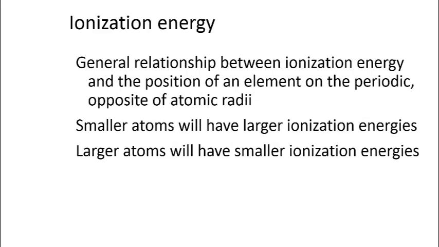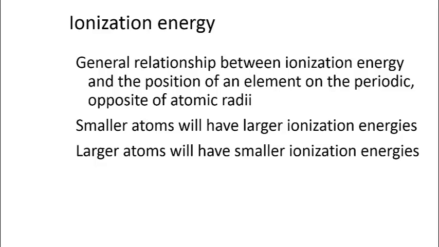So the general relationship between ionization energy and the position of an element on the periodic table is essentially the opposite as it was for atomic radii. Smaller atoms will have larger ionization energies, whereas larger atoms will have smaller ionization energies.